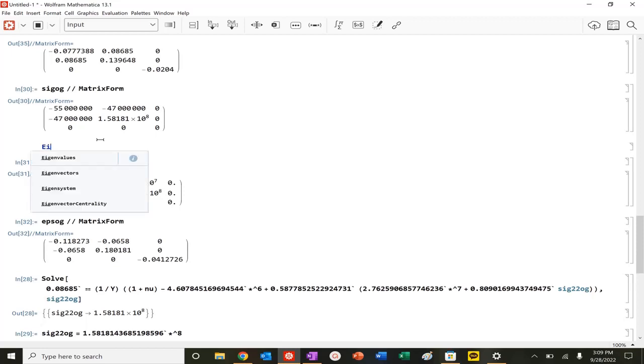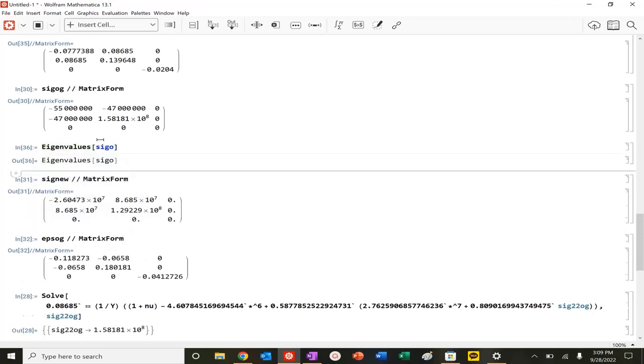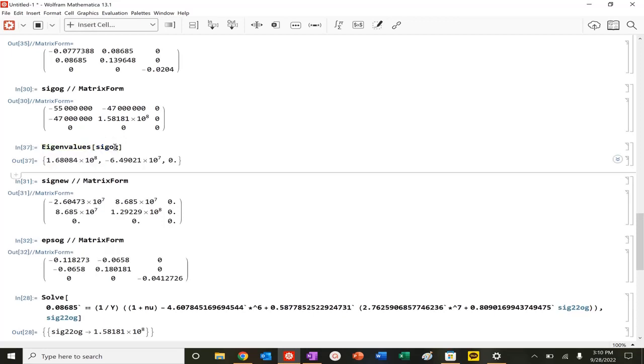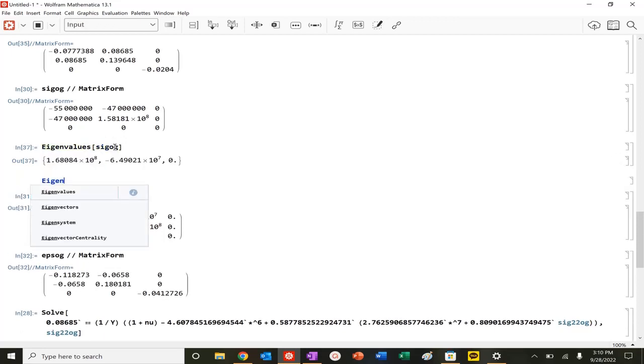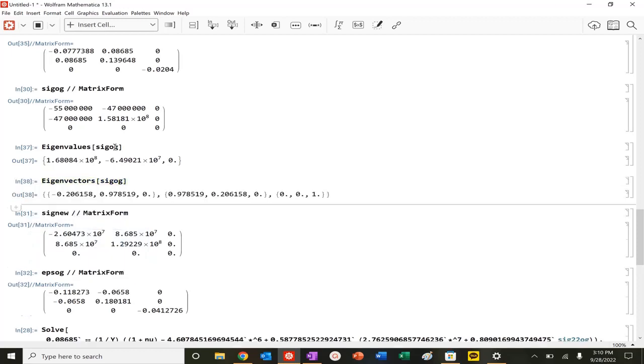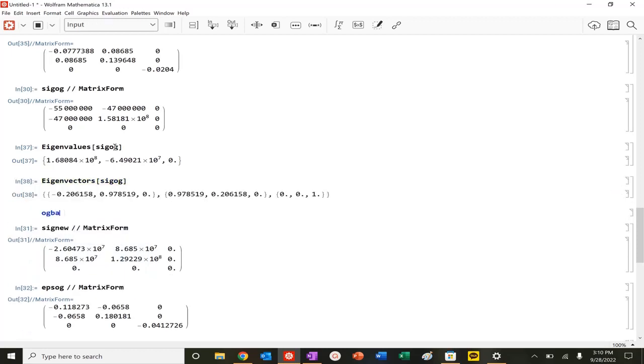So we can do eigenvalues and eigenvectors of sig OG. And I can set my OG basis equal to 1, 0, 0; 0, 1, 0; and finally 0, 0, 1.